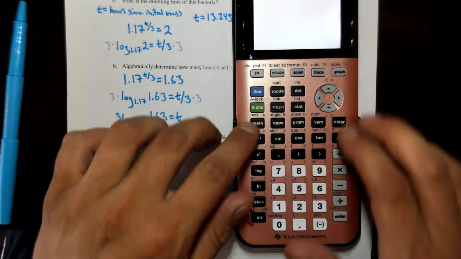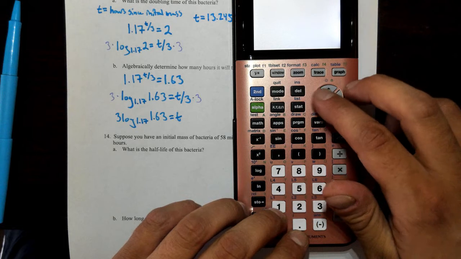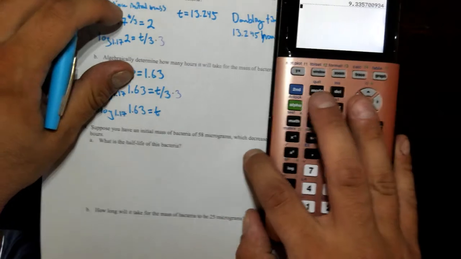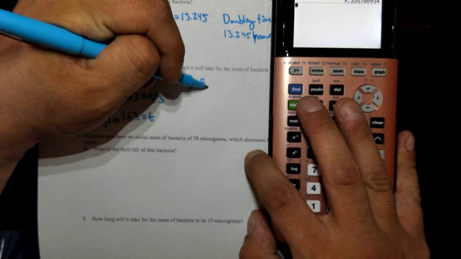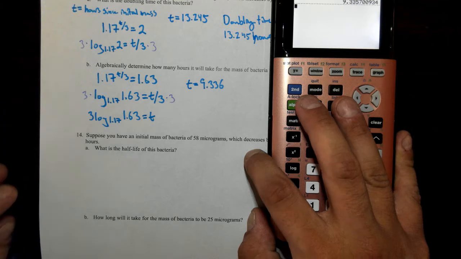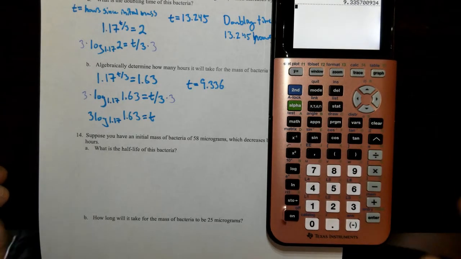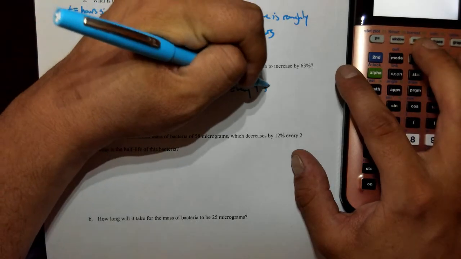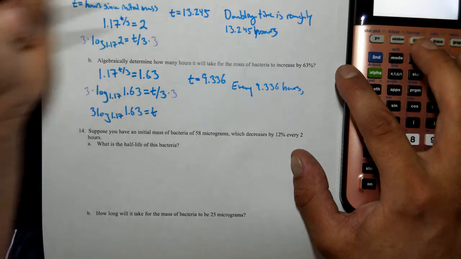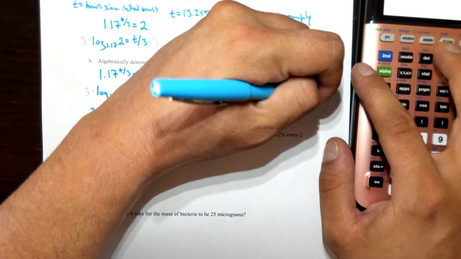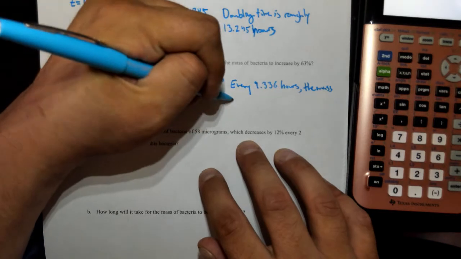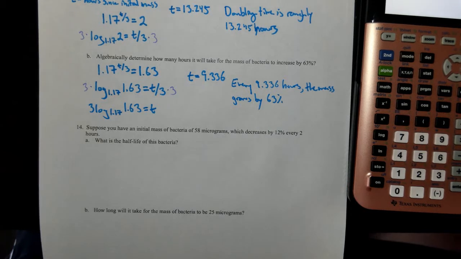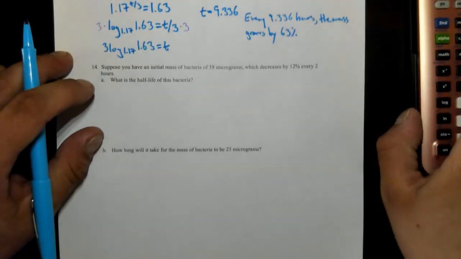Plugging that in, we get t is equal to 9.336. Awesome. So I can say every 9.336 hours, the mass grows by 63%. Awesome. Okay, last question here.